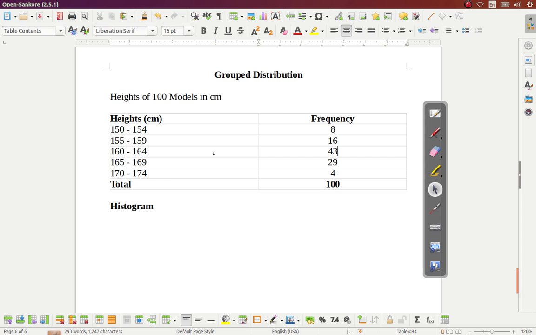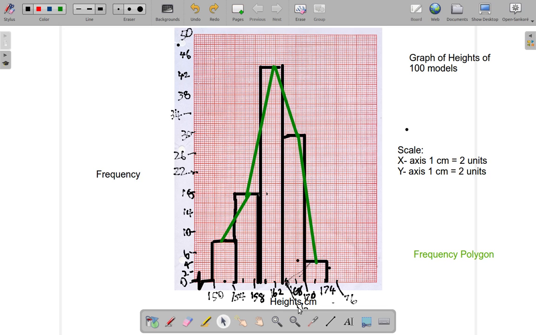And then 170 to 174. All right, good. Just corrected that. Now, you should have the bars of equal width, and be careful that you draw the bars over the number that you should really draw them.